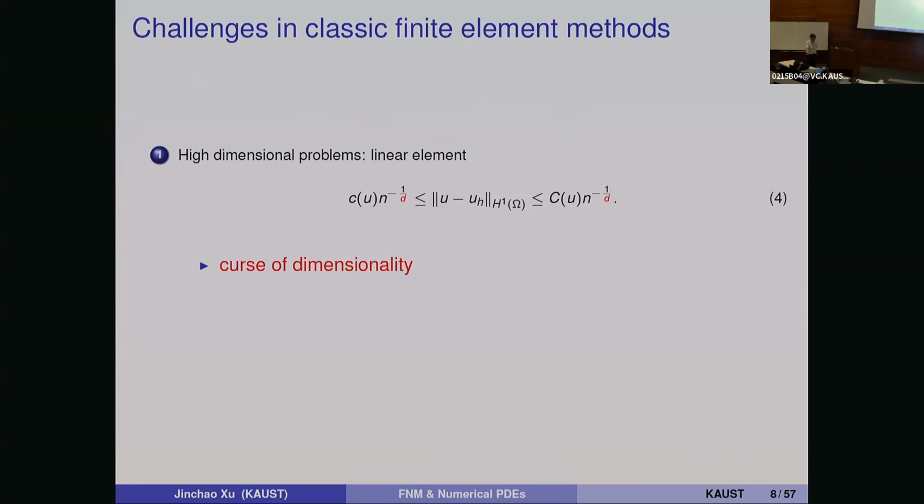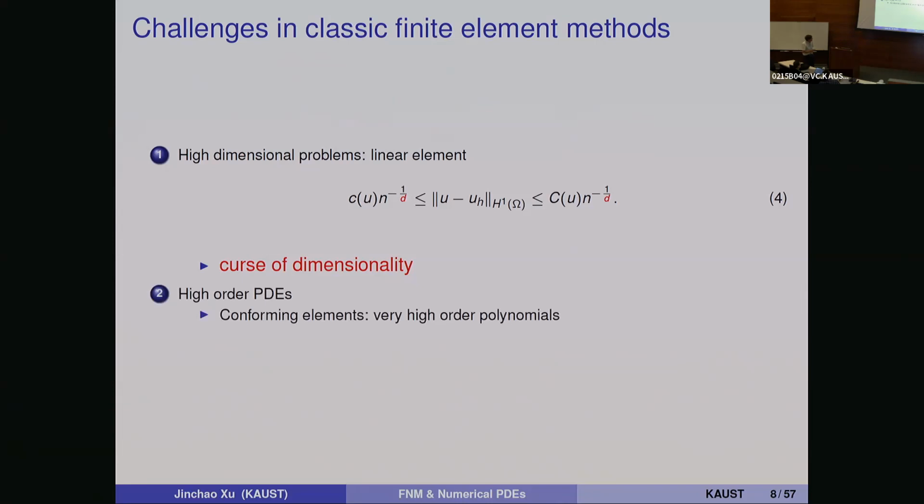Or if you solve stochastic PDE, that's a very high dimension, but in a different way. Here I'm talking about the spatial dimension, not the sampling. So the curse of dimension here is like 1 over d. If d is 100, if you put n elements, you don't have much convergence.